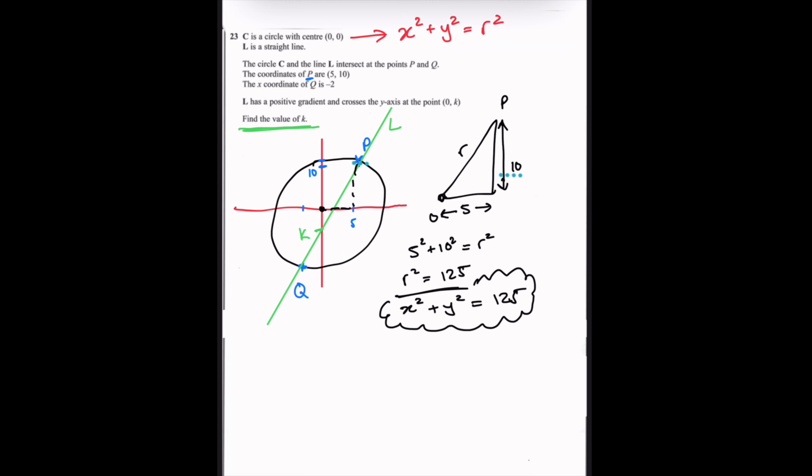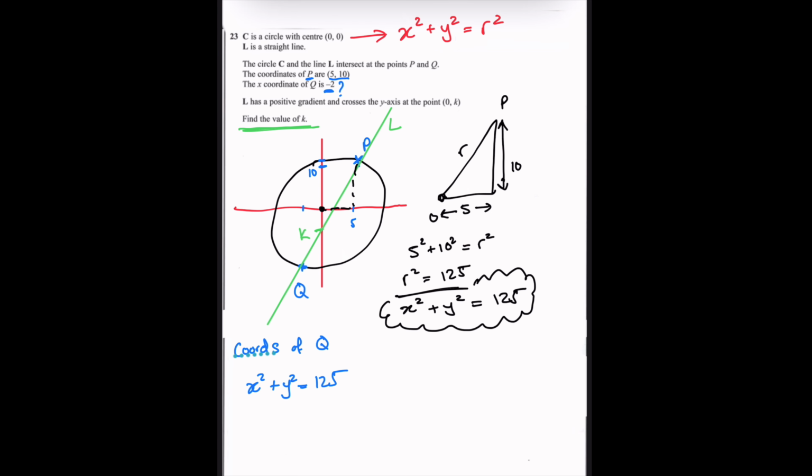Point P is at 5, 10. Point Q, I don't have the coordinates for. All I have is an x coordinate. So I can find that because point Q is also on the circle. So for the coordinates of Q, x squared plus y squared equals 125 because it's on the circle.